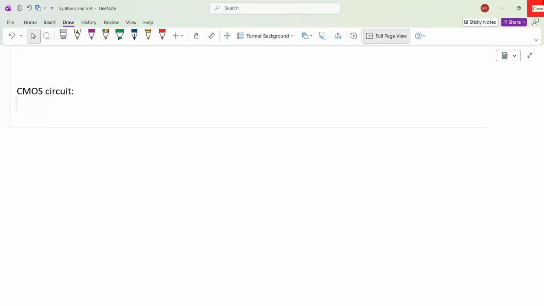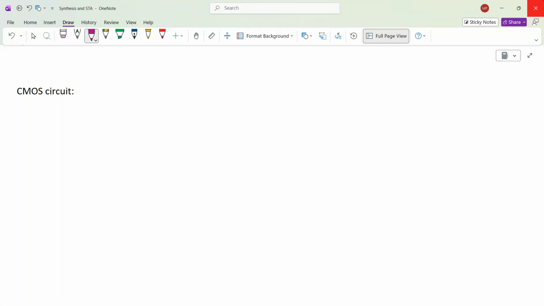CMOS FinFET is being used for IC fabrication. When we talk about power, we give the power fixes, but we should know from where that power is coming from. That is why knowing these is highly appreciated, so I will be discussing it here today.